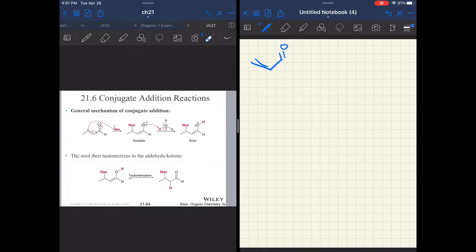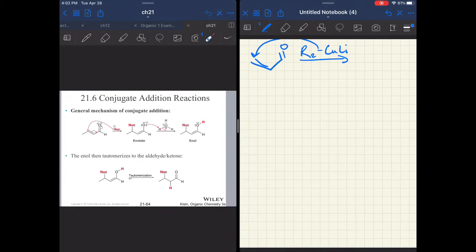It's on the next slide here. So again, I'm going to use the Gilman. There's two R groups, and one of them is going to act as our nucleophile and attack that beta position where we know there is a partial positive charge.